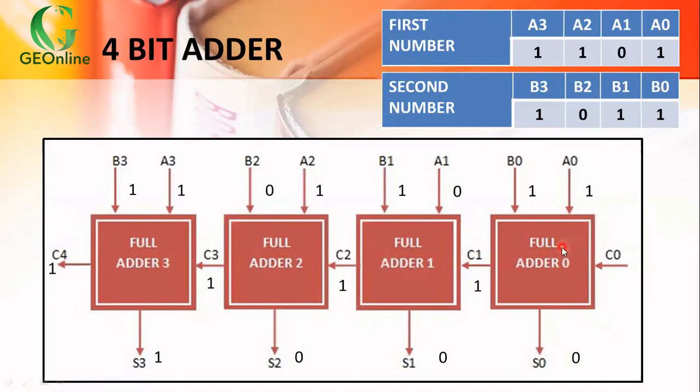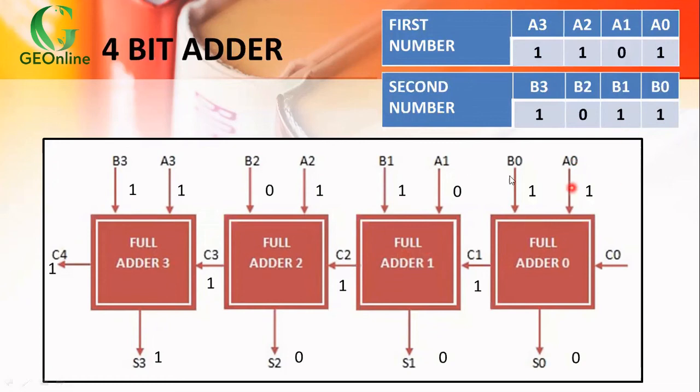So let's see how it is working. First case, we have number 1101 with the least significant bit A0 and most significant bit A3. So we can place it to the inputs of each full adder.